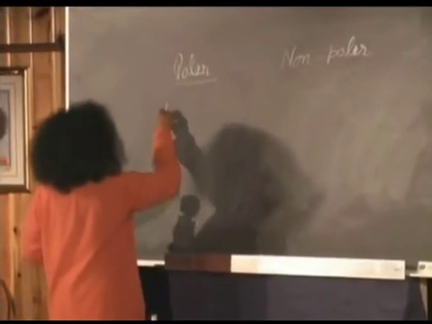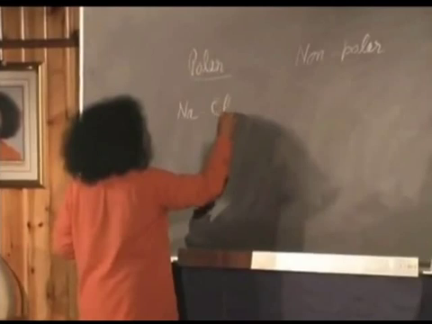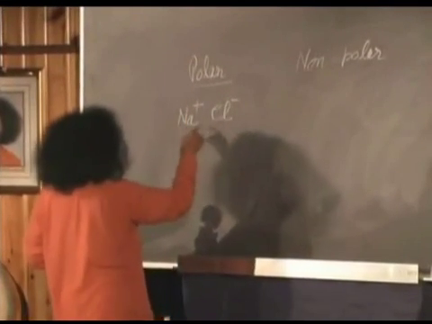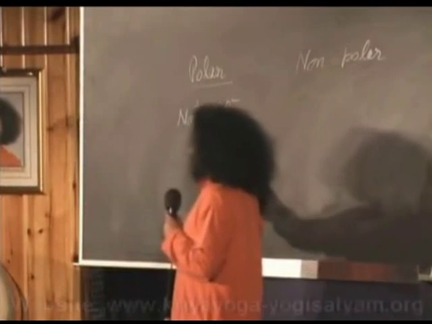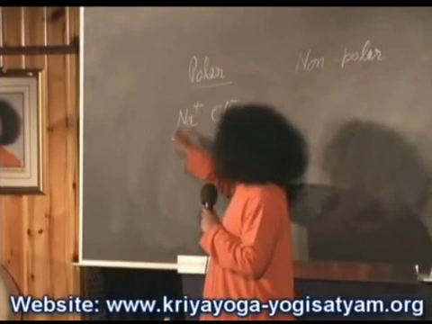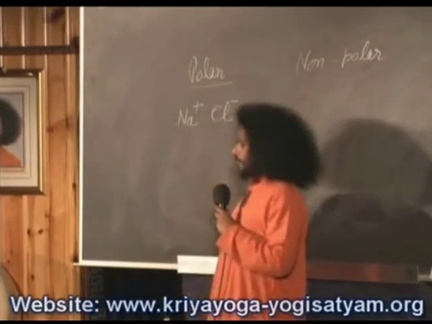For example, common salt, what we eat, this is sodium chloride. Always they are present in ionized form. What is the meaning of ionized form? Sodium is always having plus charge. Chlorine is negative charge.